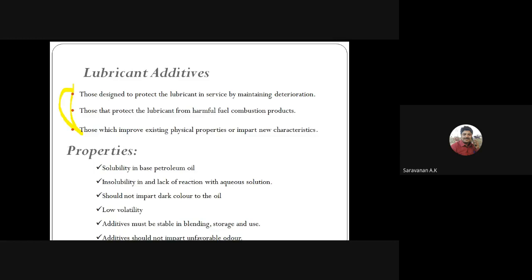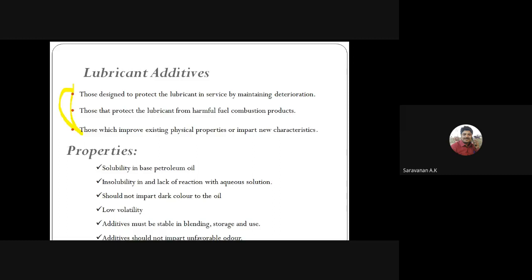So in most conditions, chemical additives are used in lubricants over a very wide range.